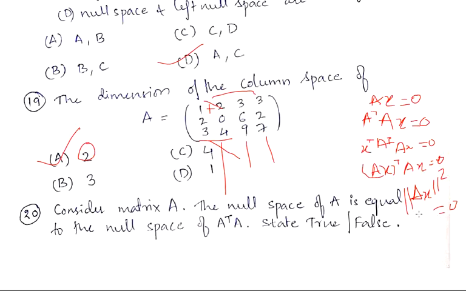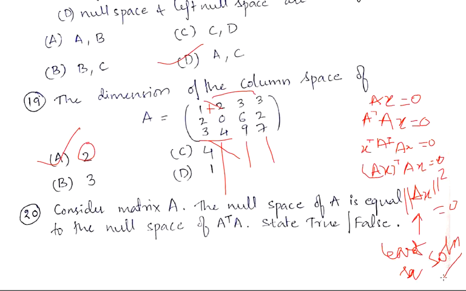Okay, whatever I have written is a least squares solution. This is possible only when X is in the null space of A transpose A. Okay, this is called the least square solution.